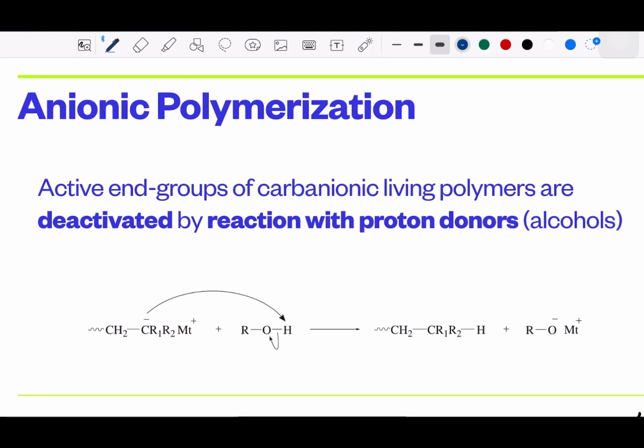So this is how it's not terminated but deactivated, because we can activate it again after it finished. So we can take it into some proton donors, let's say for example the alcohols, or maybe the acids.